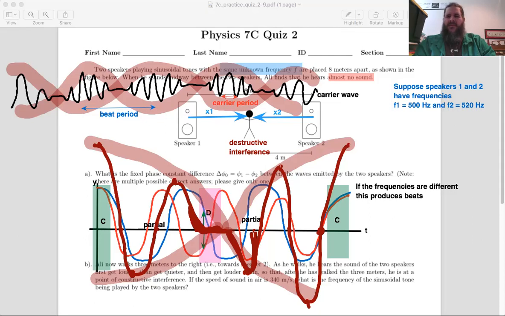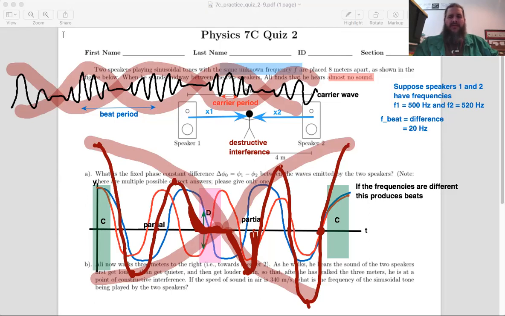In this case, what would be the difference between these two frequencies? Yeah, the difference here is 20 hertz. That's the difference between 500 and 520. So you're going to hear a sound that seems to be wobbling between loud and quiet and loud and quiet and loud and quiet 20 times per second.